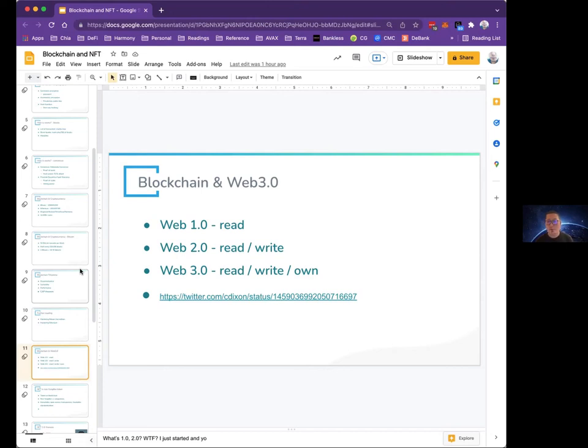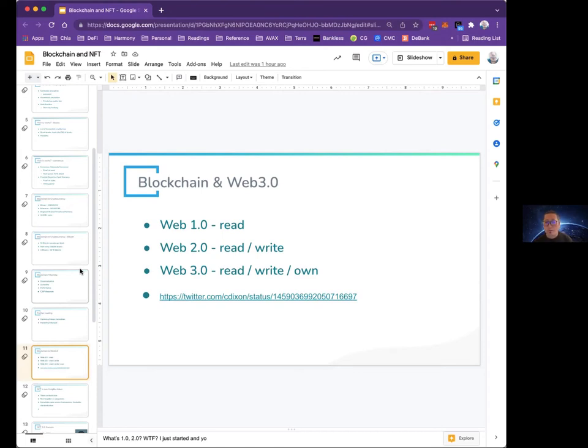In Web 1.0, when the internet was initially started, there were only very few applications on the internet, for example, email or web pages. In most cases you could only read that content, like reading the newspaper. That's the Web 1.0 era, more than 20 years ago.